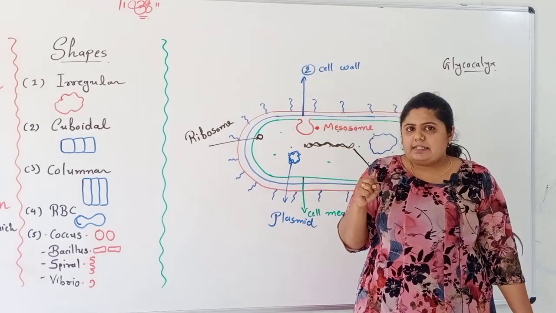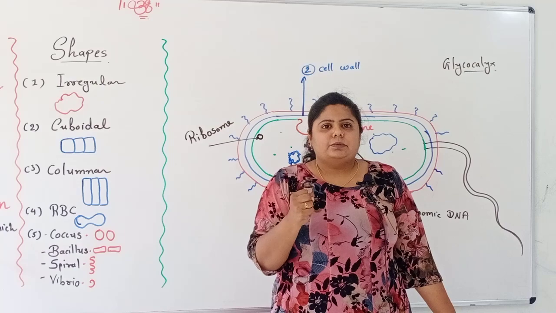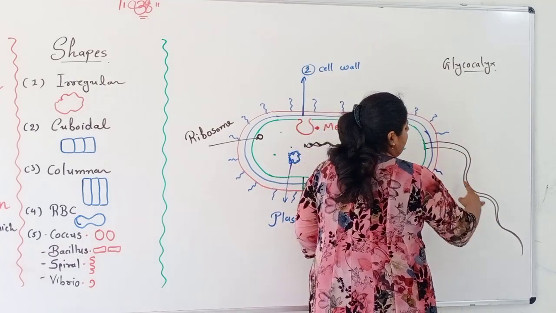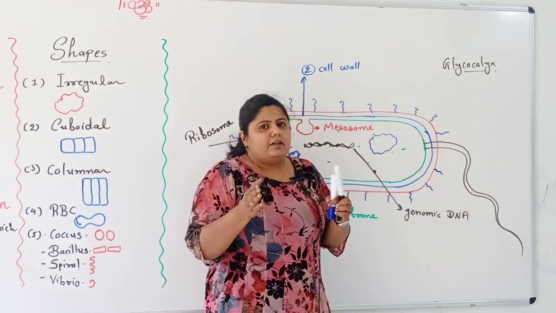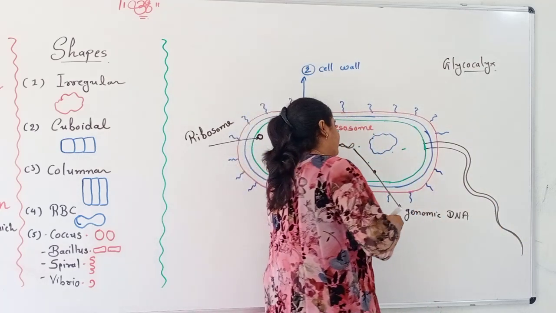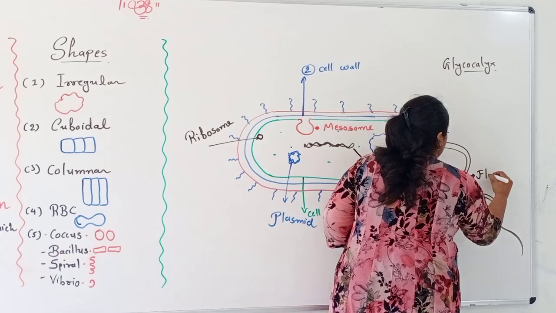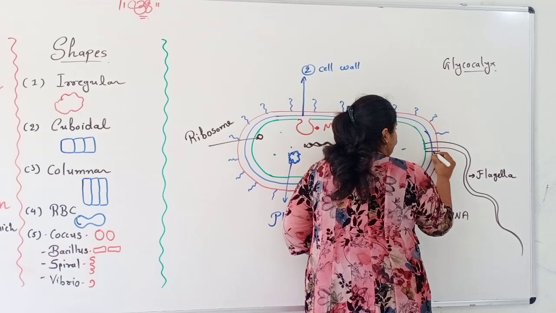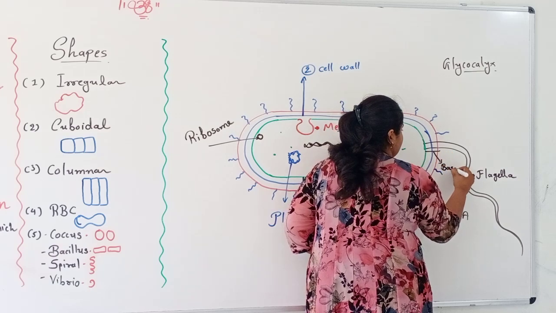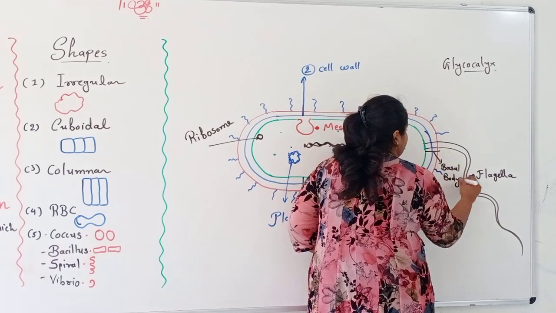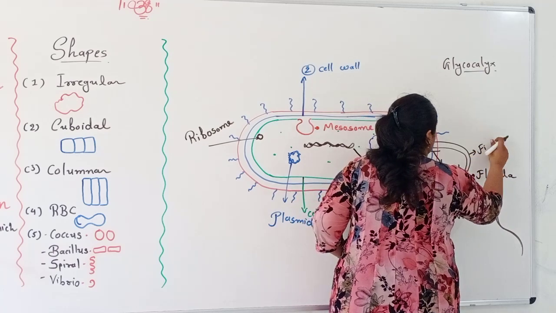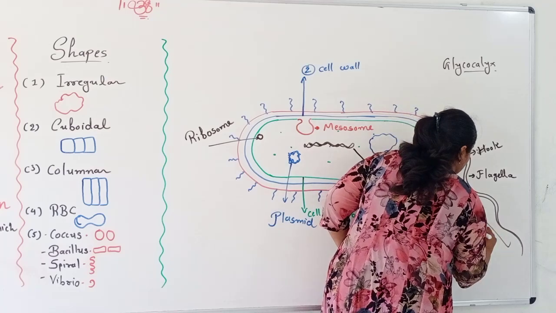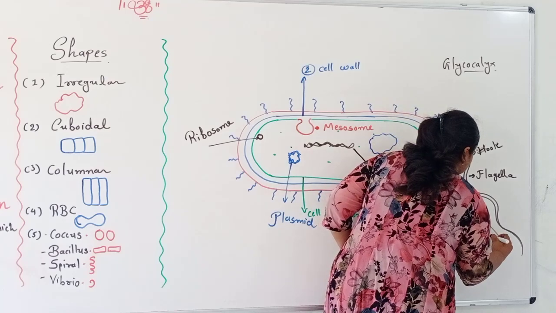So another question is there. How can bacteria move? So there is a solution. Flagella. Flagella can be either one, two or many. So this flagella helps bacteria in movement. Three parts are there. First, basal body, then hook, and third, last portion is called filament.